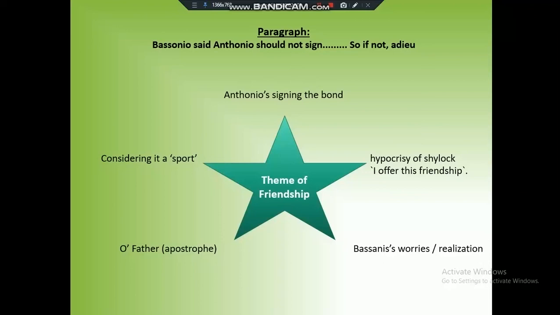Till now, girls, it is all about some of the important paragraphs, and the paragraphs explain some important themes.